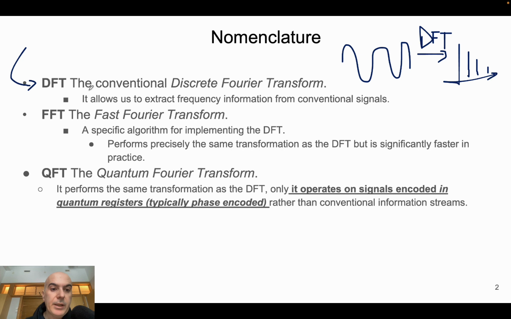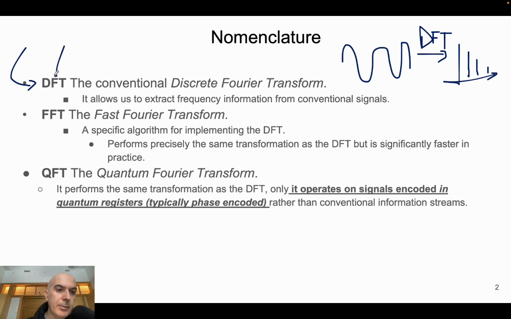The FFT is the fast Fourier transform and is a class of algorithms for implementing the DFT. The fast Fourier transform performs precisely the same transformation as the DFT, but is significantly faster in practice.